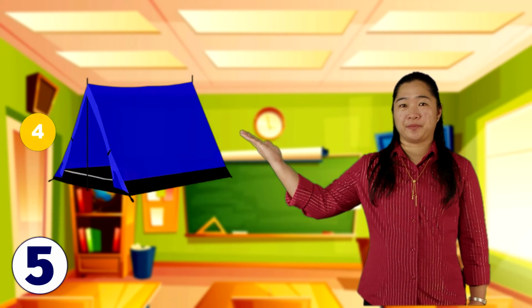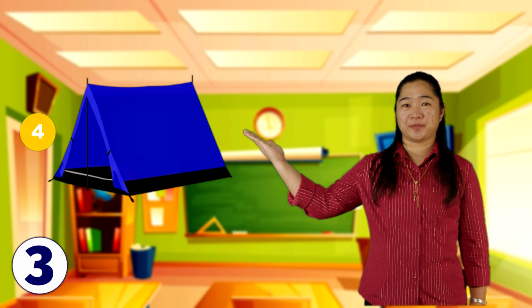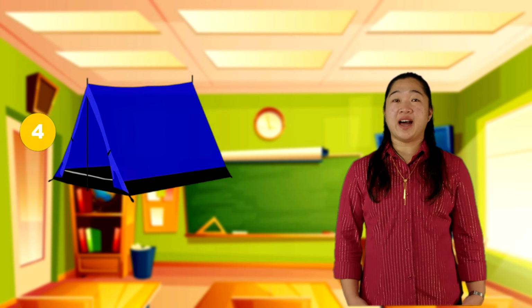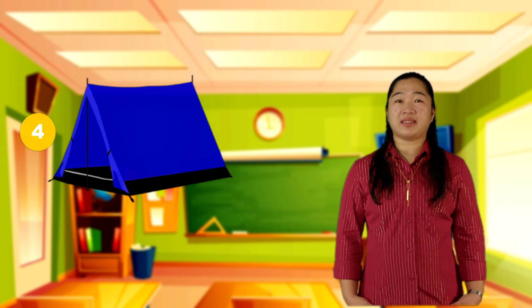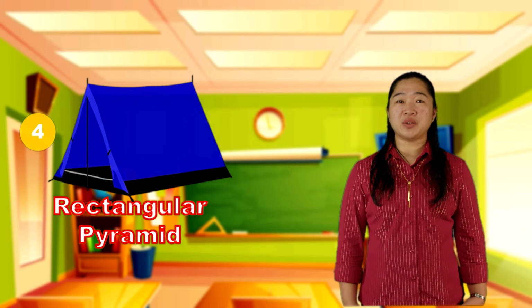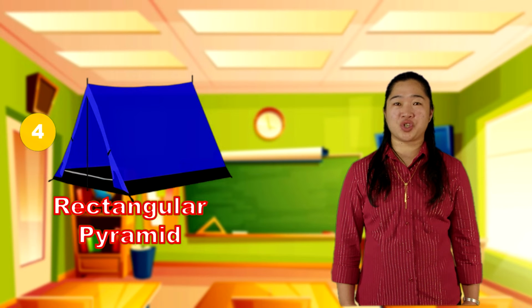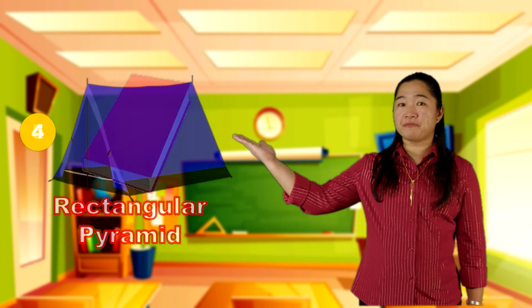Fourth picture. Nice answer. The tent represents a rectangular pyramid because the base is rectangular in shape. Fifth picture.